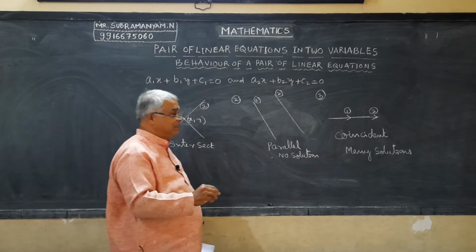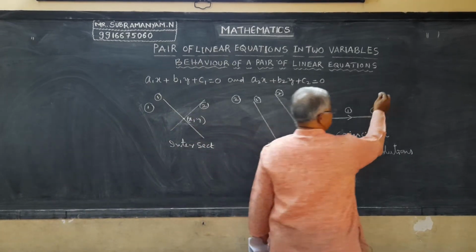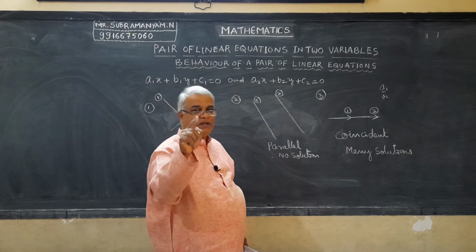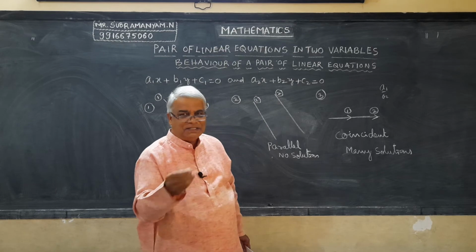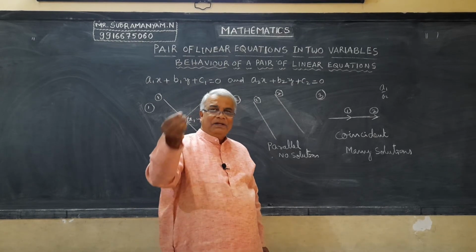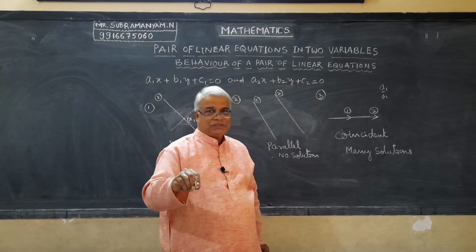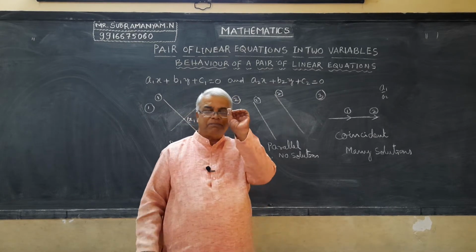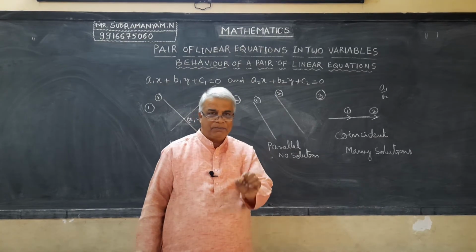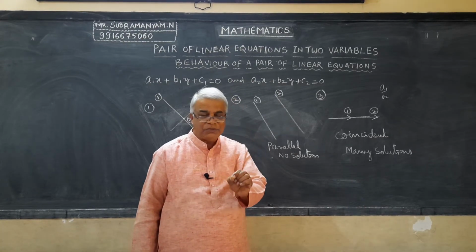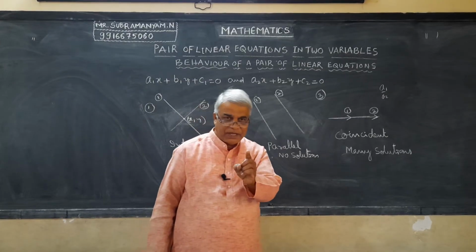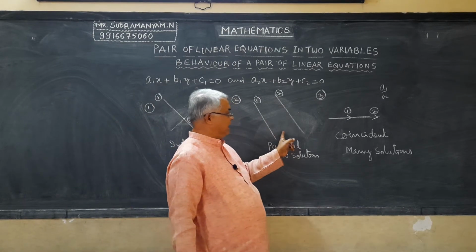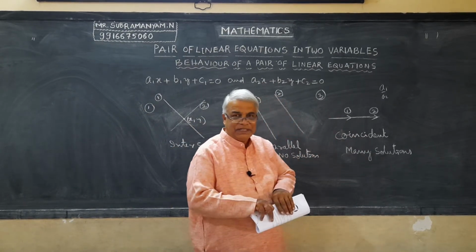We have learnt the ratios a1 by a2, b1 by b2, c1 by c2. Last video we have seen the ratios. So just by observing the values of the ratios a1 by a2, b1 by b2, c1 by c2, we can say whether the lines intersect, whether the lines are parallel, whether the lines are coincident.